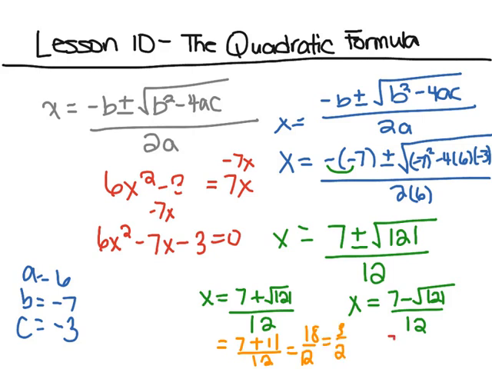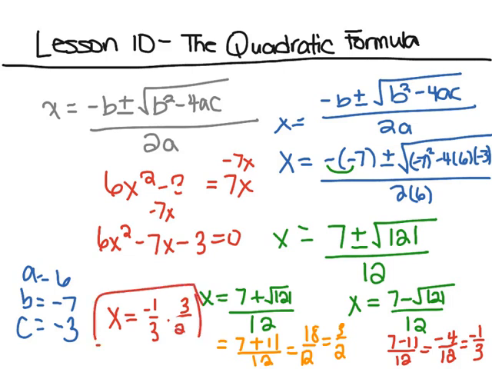And the second one, we have 7 minus 11 over 12, which is equal to negative 4 over 12, which is equal to negative 1 over 3. So x is equal to negative 1 over 3 or 3 over 2. Man, I'm having troubles. So there are your solutions.